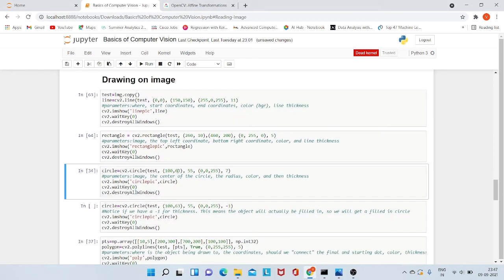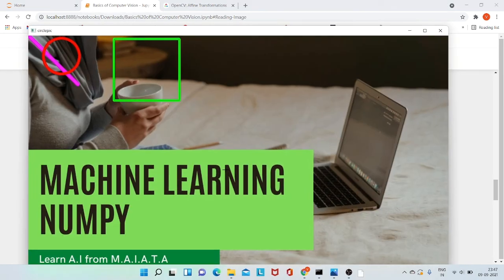Now let's see a circle. Let's draw a circle. Again, for circle, the first parameter would be the image, and next the center of the circle, and this is the radius of the circle, and again this is the color, and this is the thickness. Again, let's run this.